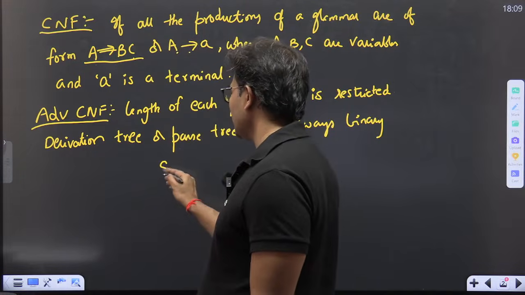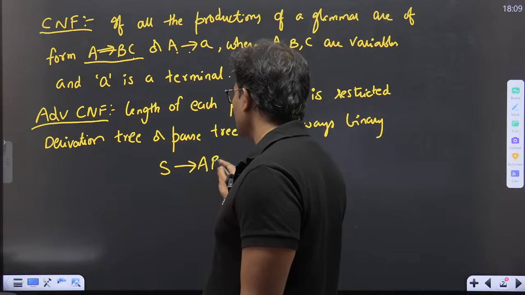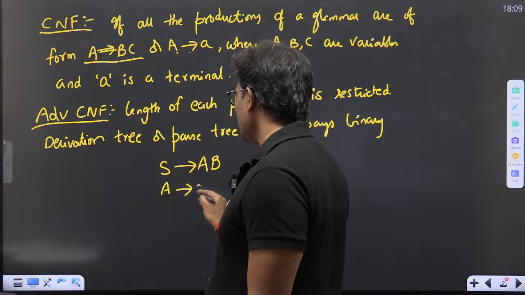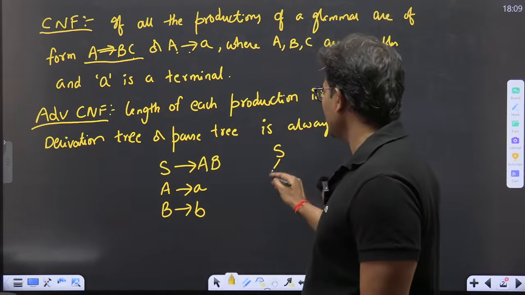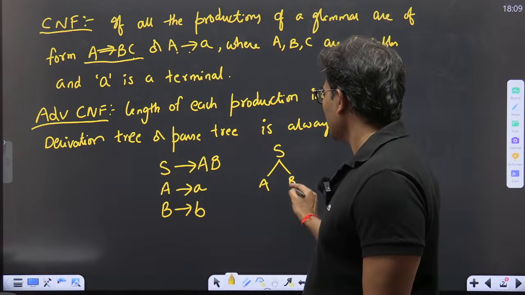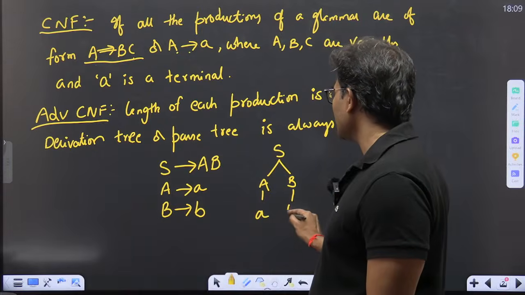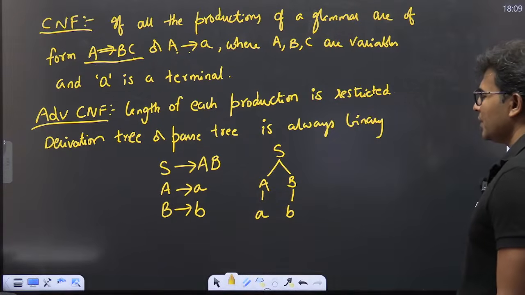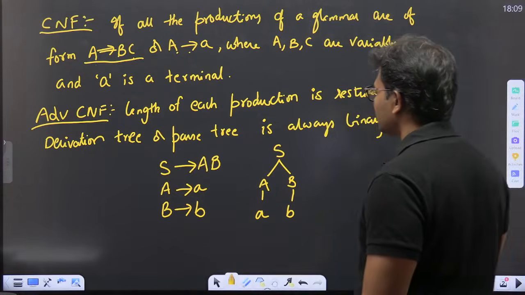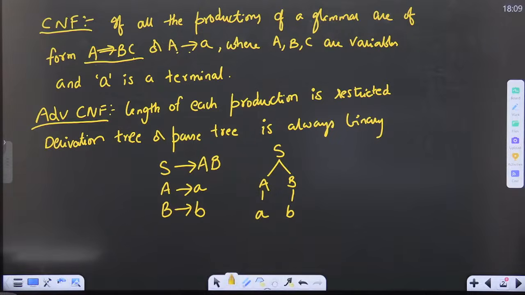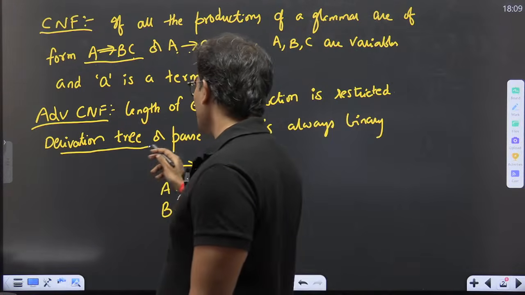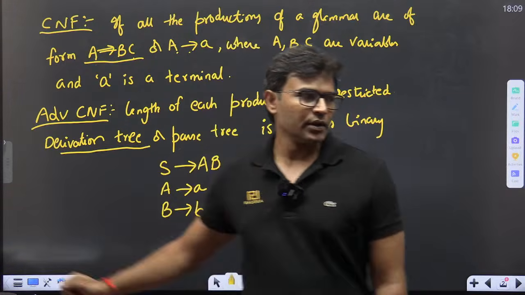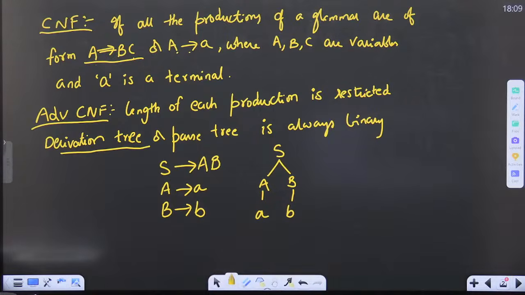If I have a production like this, S derives AB, A derives small a, B derives small b. This is a binary tree, which means every time, the derivation tree you get is always a binary tree.